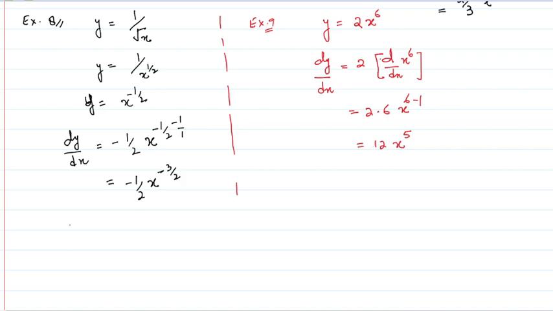And also we can take example 10. We can write y is equal to x cube upon under root of x. So we can first change it into x raised power 3 upon x raised power 1 by 2. Then take this to the numerator.